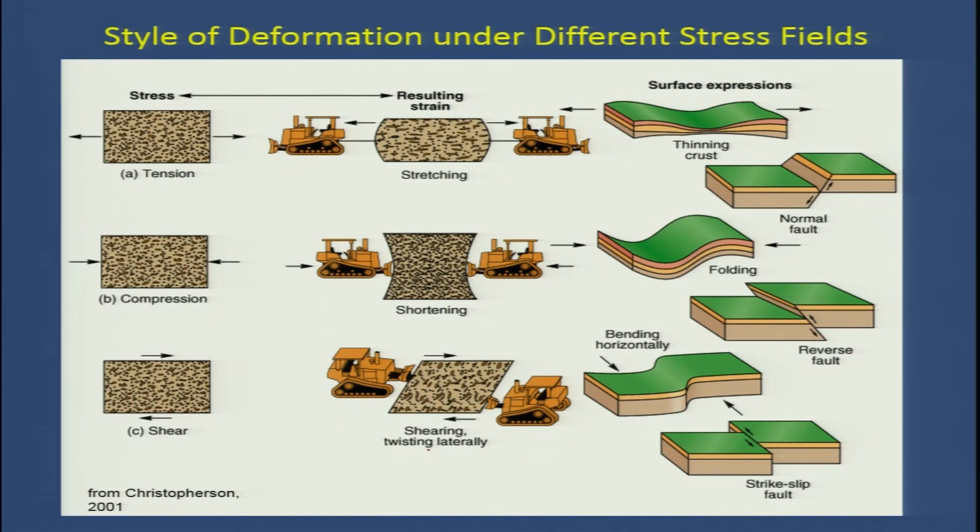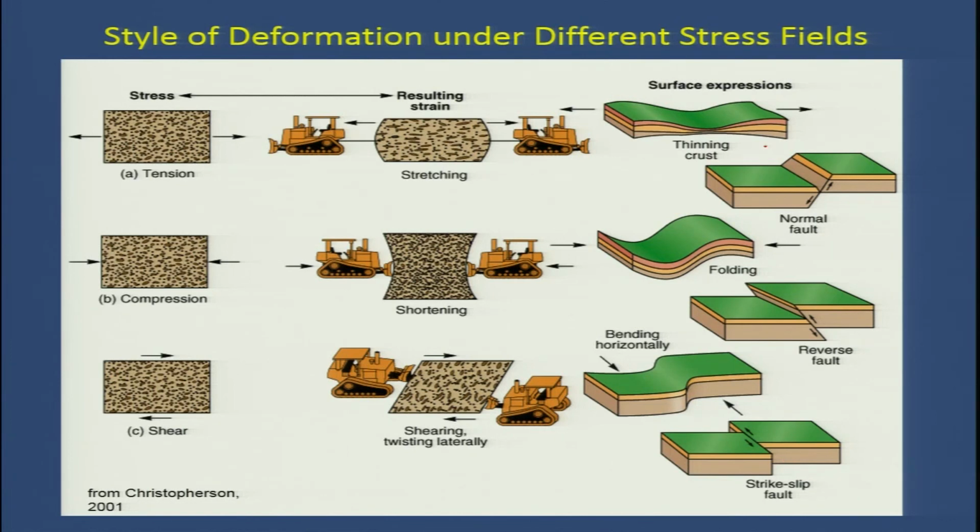In the case of twisting or shearing, as a pure shear, you get a bending movement, and along the horizontal plane you have what we call strike slip faulting.